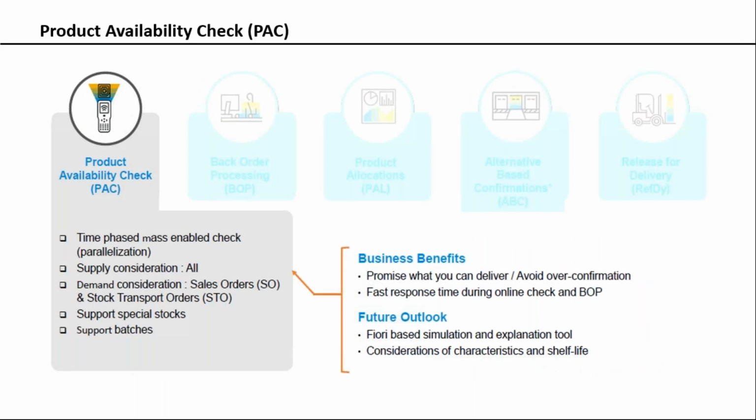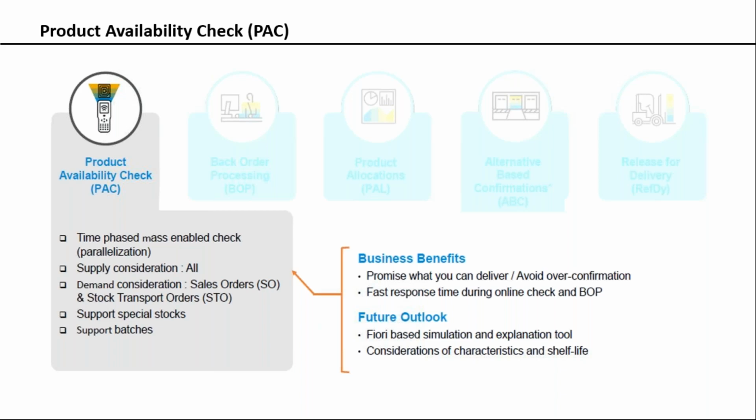Then product availability check. I told you the main purpose of this is to confirm the quantities and the requested delivery dates by considering all our demand and supply. Your supply elements include your POs or PRs, production orders or planned orders.